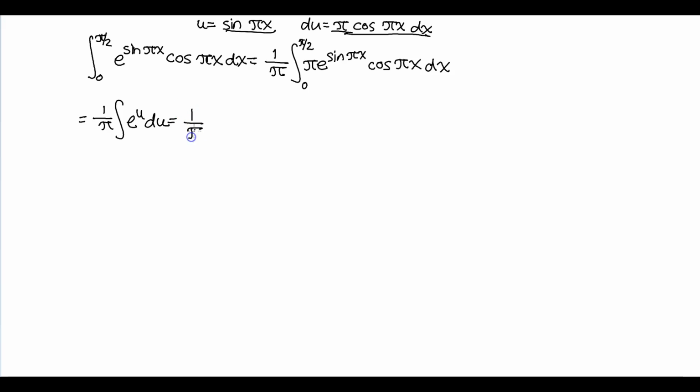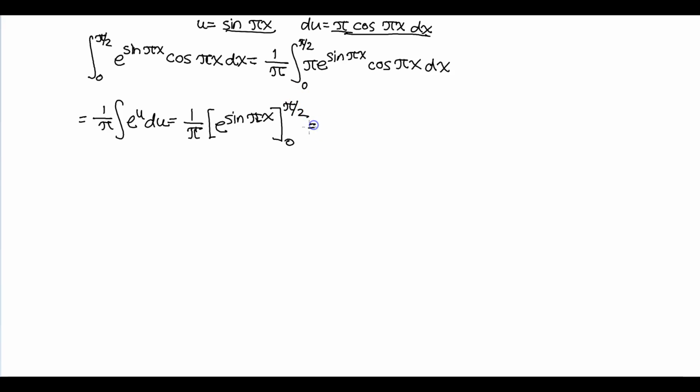So 1 over pi times e to the sine pi x from pi over 2 to 0. Now, what do we do here?